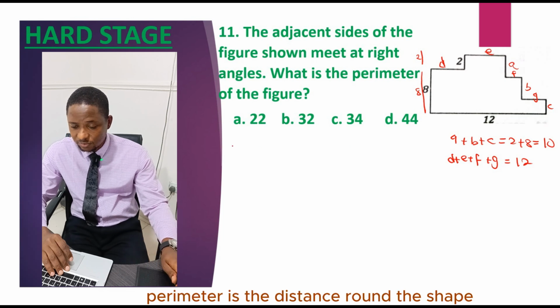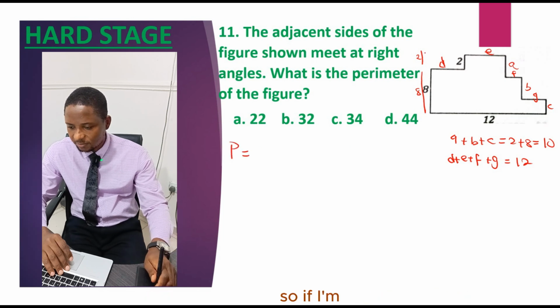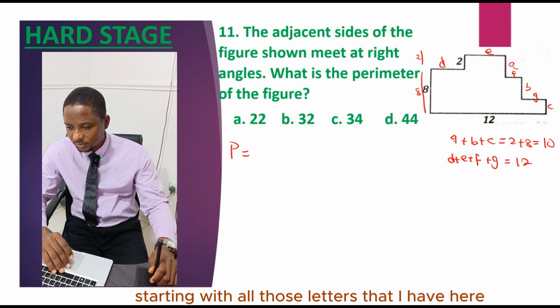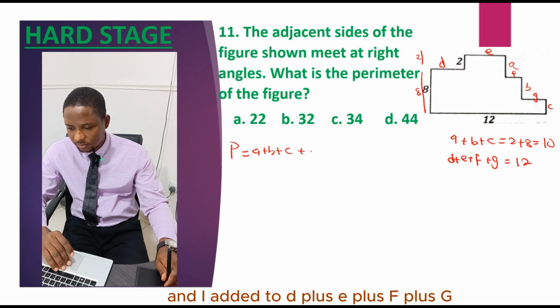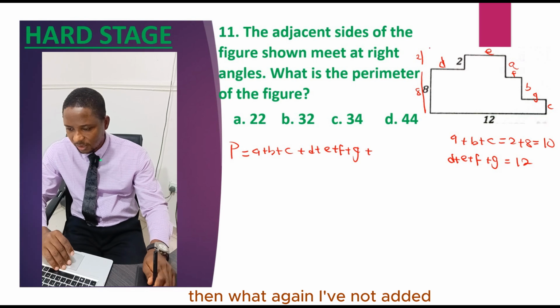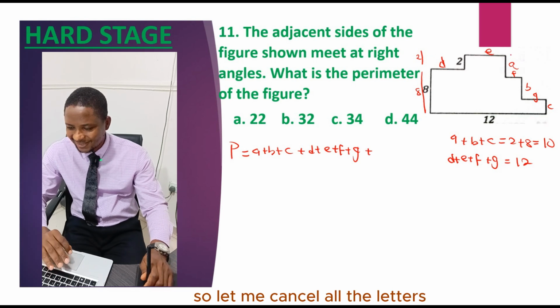Perimeter is the distance round the shape. So if I'm starting with all those letters that I have here, which is A plus B plus C, and I add it to D plus E plus F plus G, then what again have I not added? So let me cancel all the letters I've added.